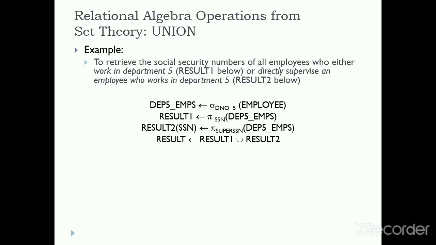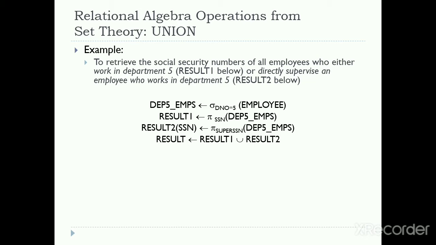So the query goes like this. First we take all the tuples which satisfy the condition department number equal to 5, and from this intermediate result we fetch SSN using the project operation. So result 1 contains the SSN of employees working in department 5.